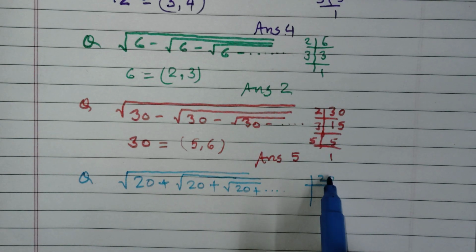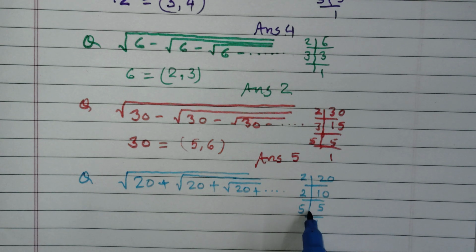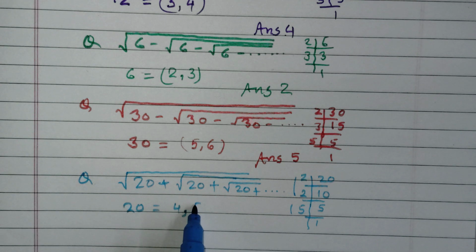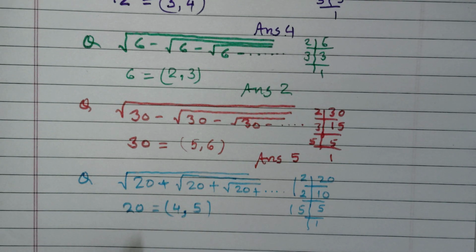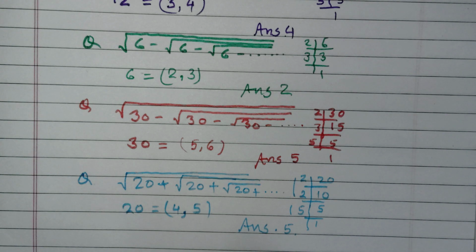If you know the factors, you can use them directly. 20 divided by 2 is 10, 10 divided by 2 is 5, and 5 divided by 5 is 1. So 4 and 5 are factors, and 20 is written as 4 into 5. There is a plus sign in the square root, so the larger number is the answer. The larger number from 4 and 5 is 5, so this is the answer.